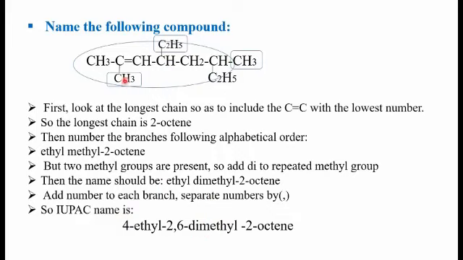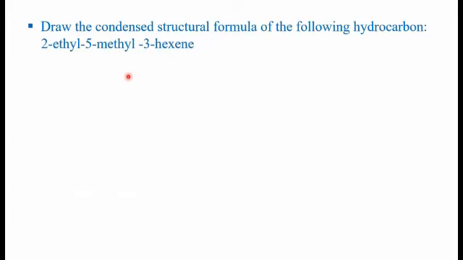The first is on the second carbon atom, and the second is on the sixth carbon atom. So we have 2,6-dimethyl, and then the position of the double covalent bond.